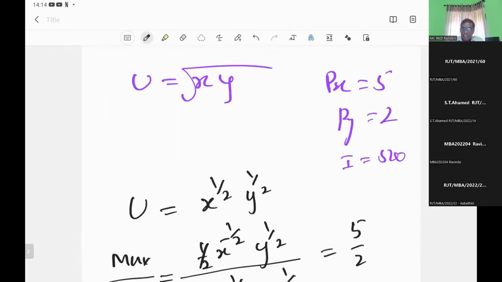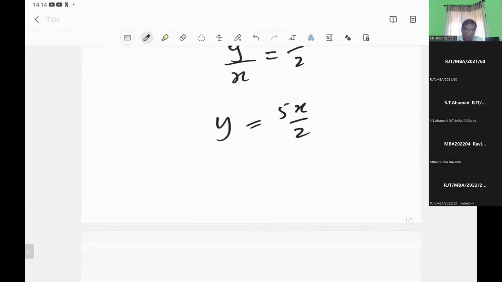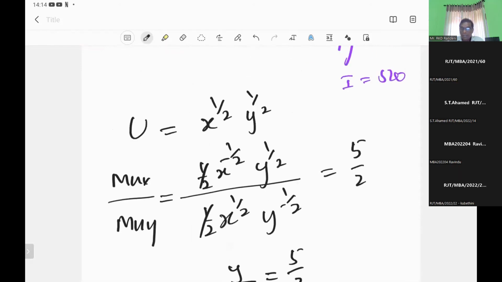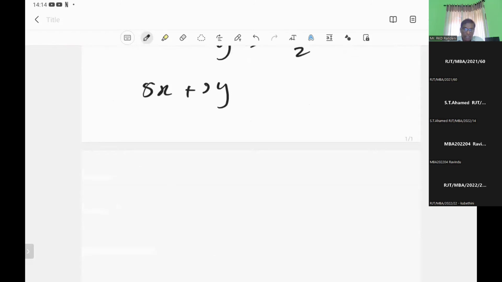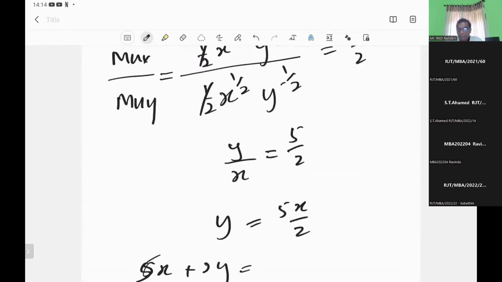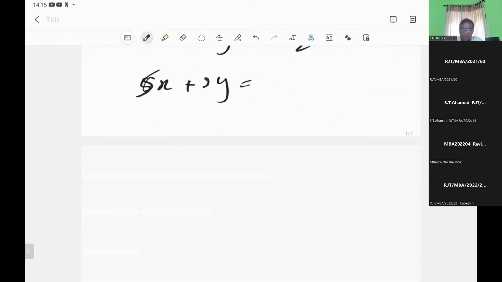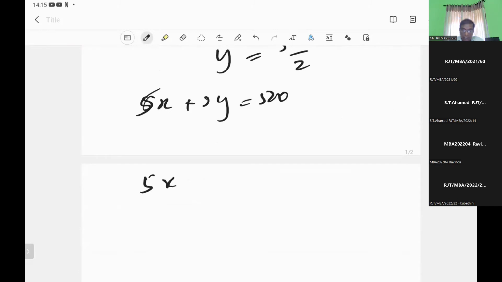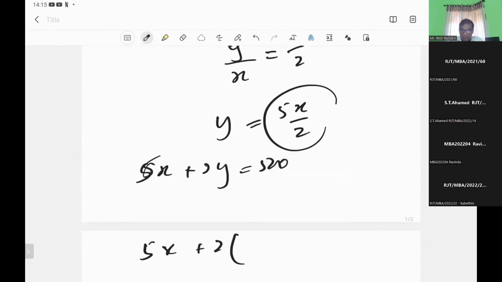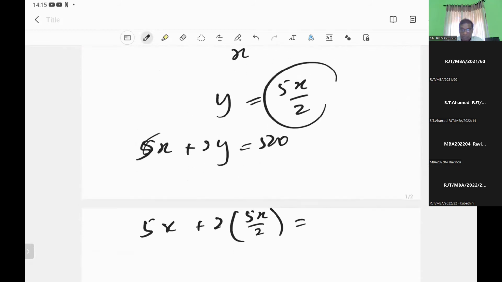Then according to the budget equation, 5x plus 2y equals 500. Then 5x plus 2 times 5x divided by 2 equals 500.